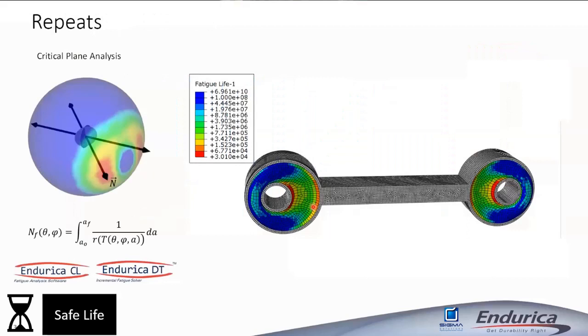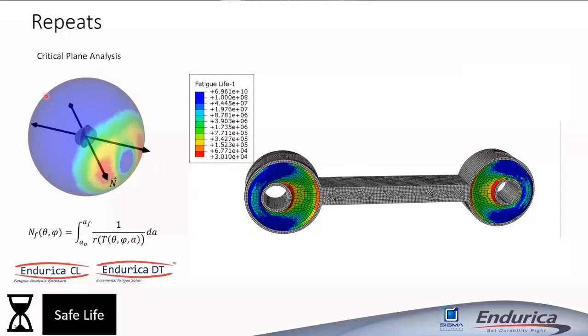So here's an example. If we take the strain history that we calculate from that and pass it into Endurica CL, then we can calculate contours of fatigue life on the link. Again, we're using this concept of critical plane analysis. That's the sphere that you're seeing here.